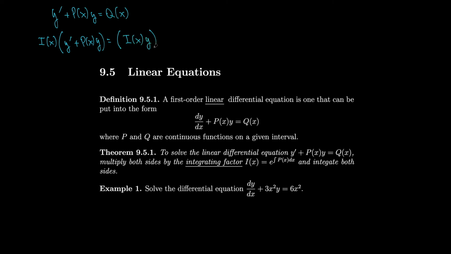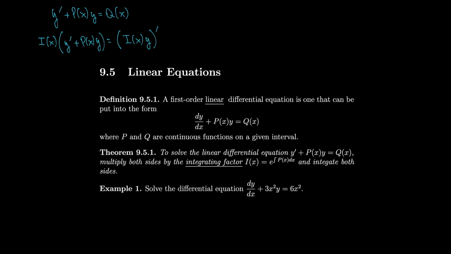The idea is that if I take I of x times y and I take the derivative, then I end up with I of x times y prime plus I of x p of x times y, where I of x p of x would have to be the derivative of I of x in order for this thing to actually be the product rule.